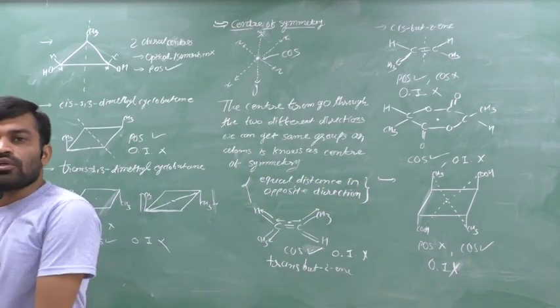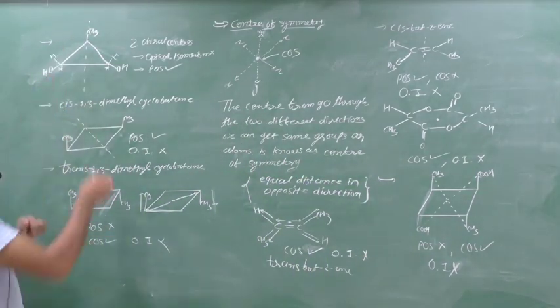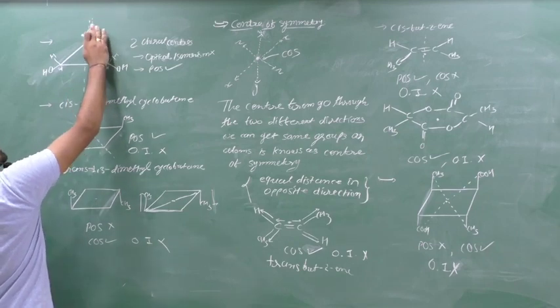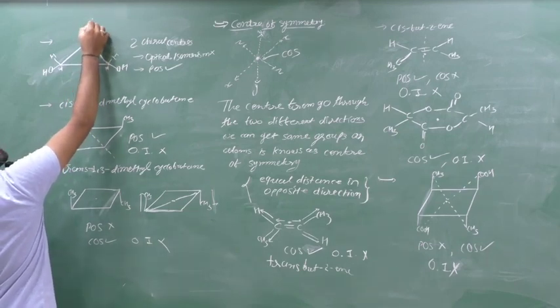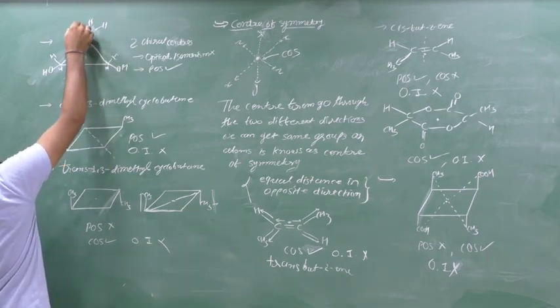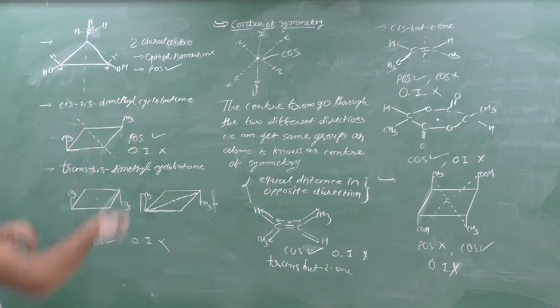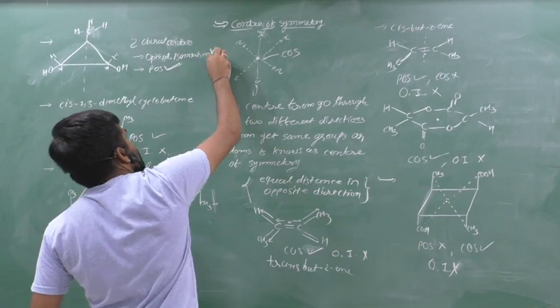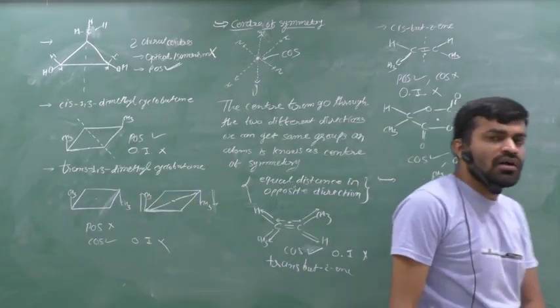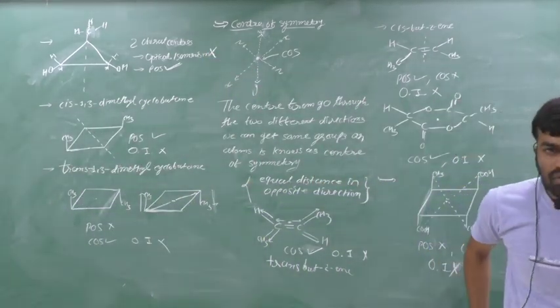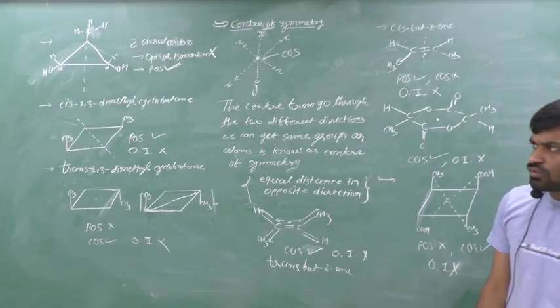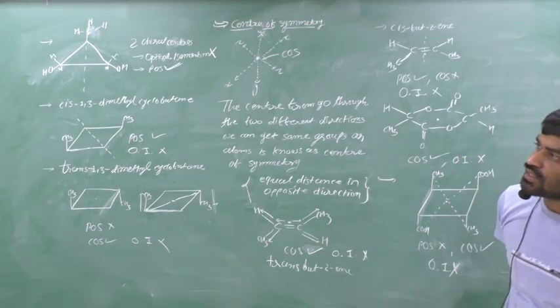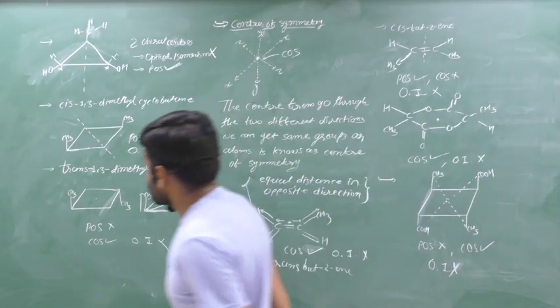Why? Because it has a plane of symmetry. If you pass the plane from here, through CH3, meaning C, H, H, H, it cuts the molecule into two equal parts. Therefore, it has a plane of symmetry and does not show optical isomerism. Two chiral centers, but no optical isomerism, because it has a plane of symmetry.